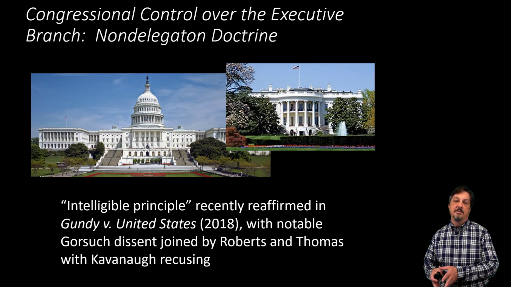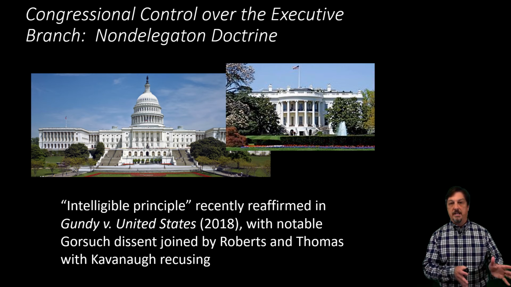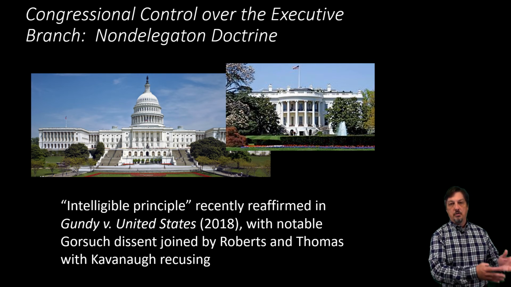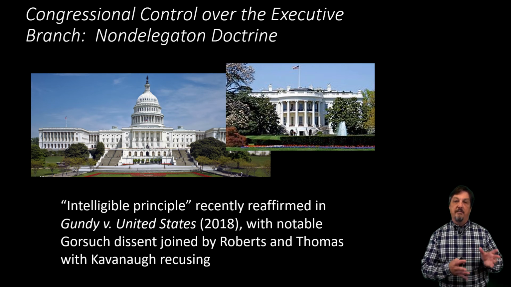And many conservatives argue that the administrative state has gotten too large, too much is delegated to it, and it's effectively creating a sort of fourth branch of government, or giving too much authority to the executive branch. So even the intelligible principle idea has been tested.